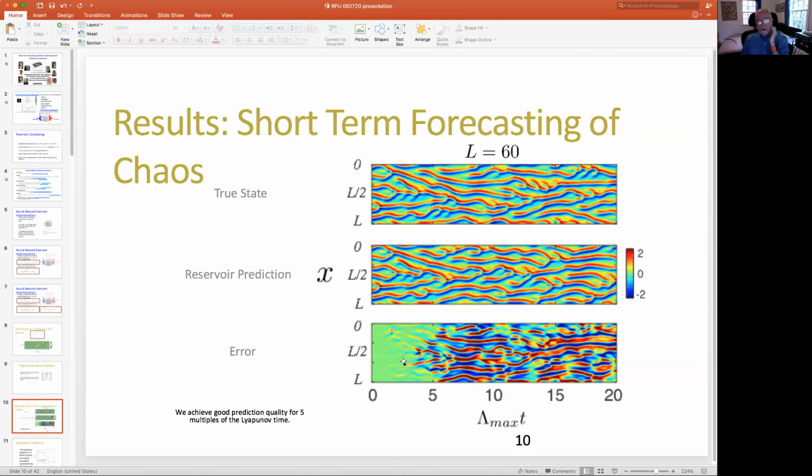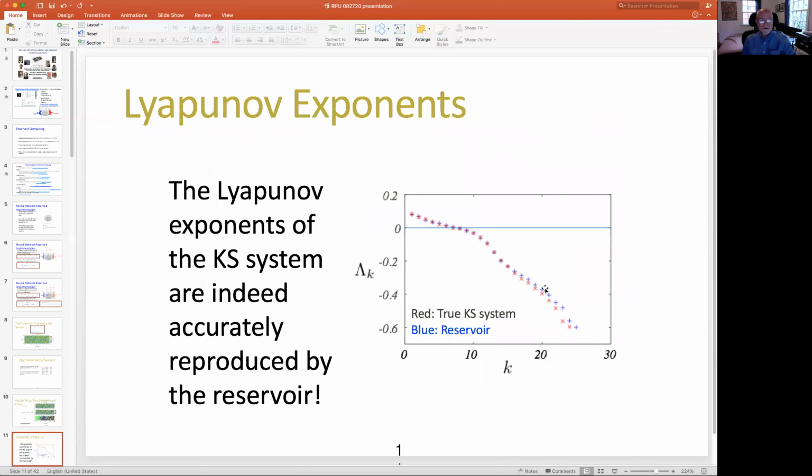On the order of 4 or 5 Lyapunov times, the reservoir is able to do an accurate prediction of this weakly turbulent state. But not only that, after those 4 or 5 Lyapunov times, it still computes something that looks similar to Kuramoto-Sivashinsky data. Not just that, but you can go in and query the reservoir for various measures of the character of that turbulence.